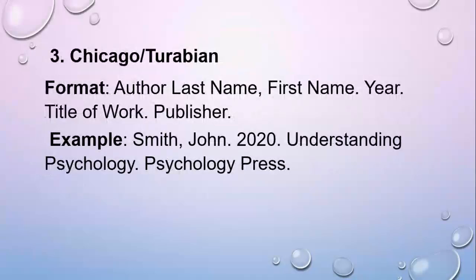And here we have another style, which is Chicago, where the format starts with the author's last name, first name, the year, the title of the work, and the publisher. For example, Smith, John, 2020, Understanding Psychology, Psychology Press. This is how we cite this.